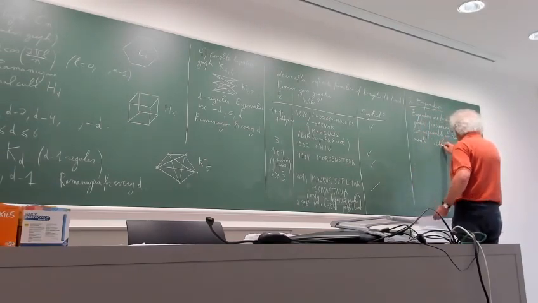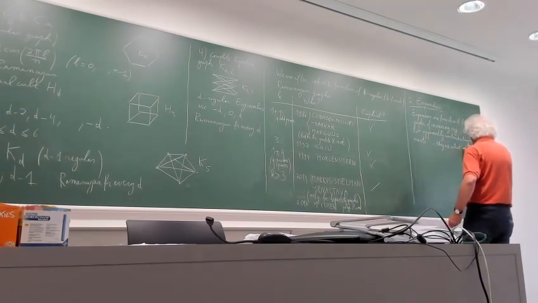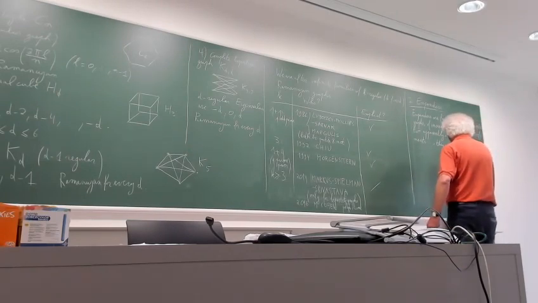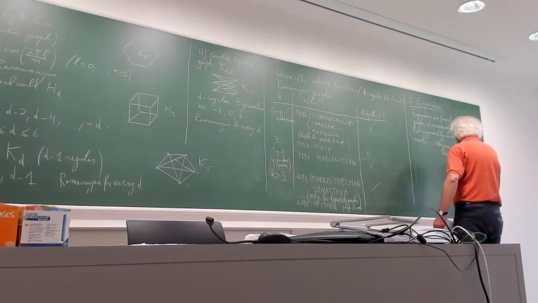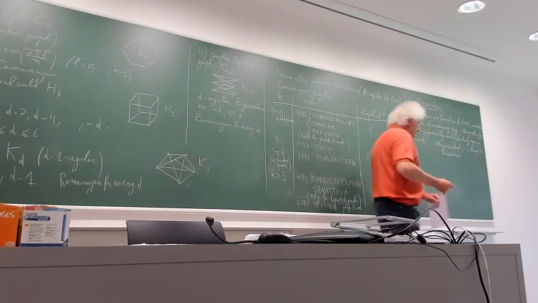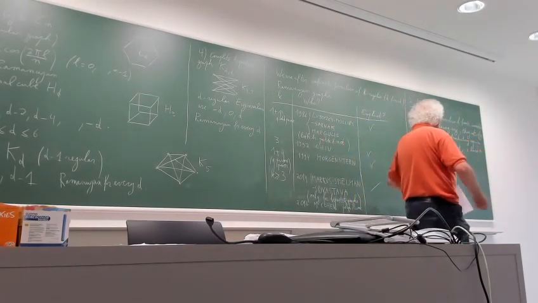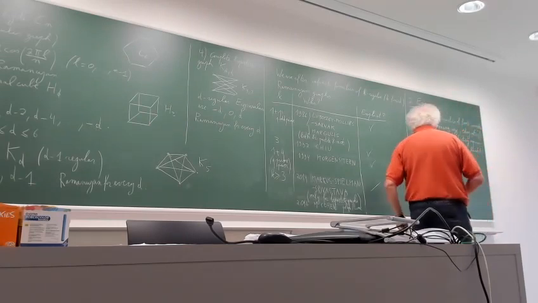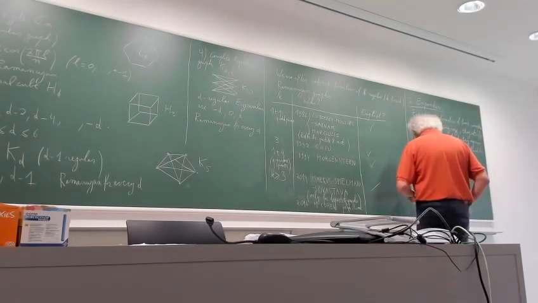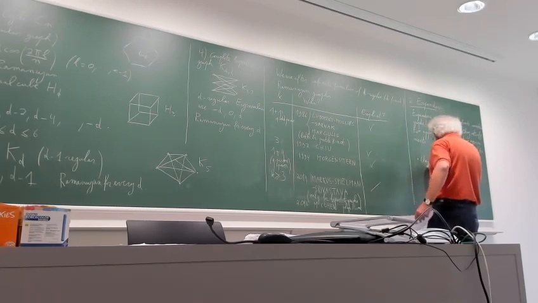The first one is that they are robust. And by robust, I mean hard to disconnect. So to make them not connected, you must remove a fairly large number of edges. And at the same time, they have few edges.